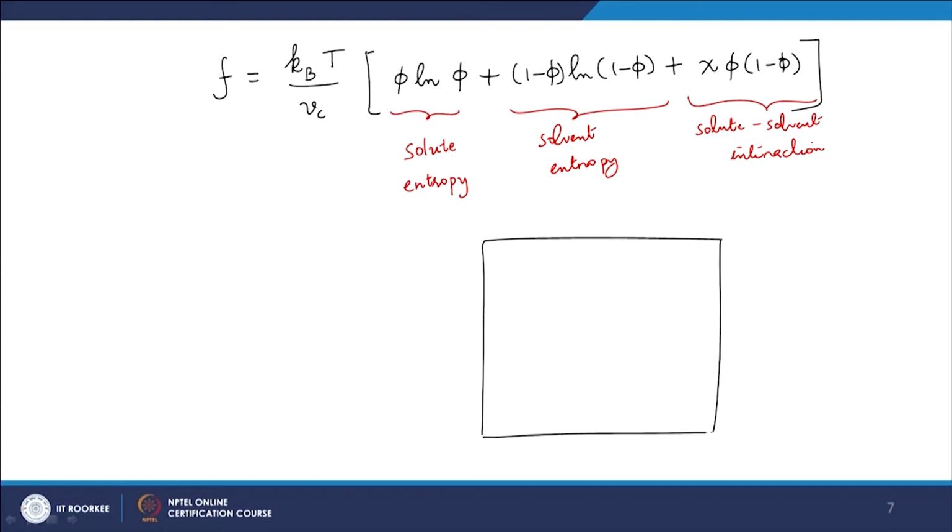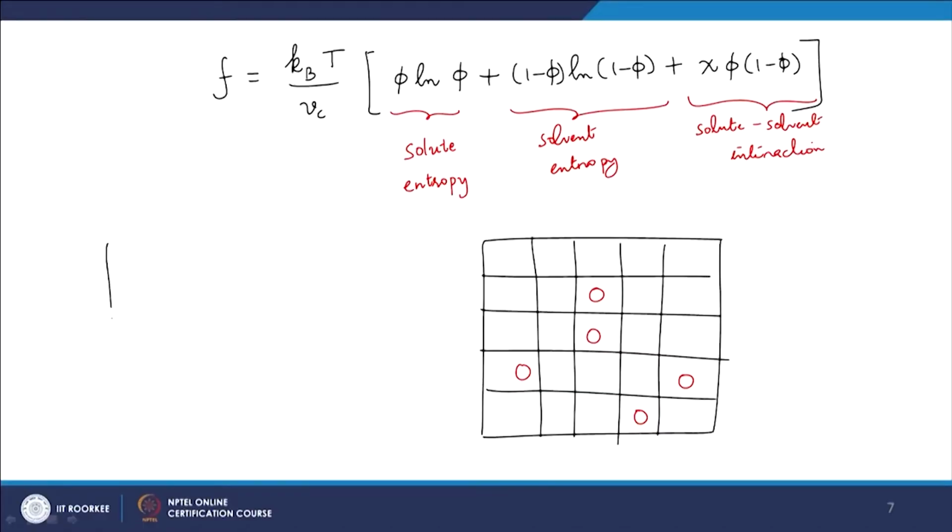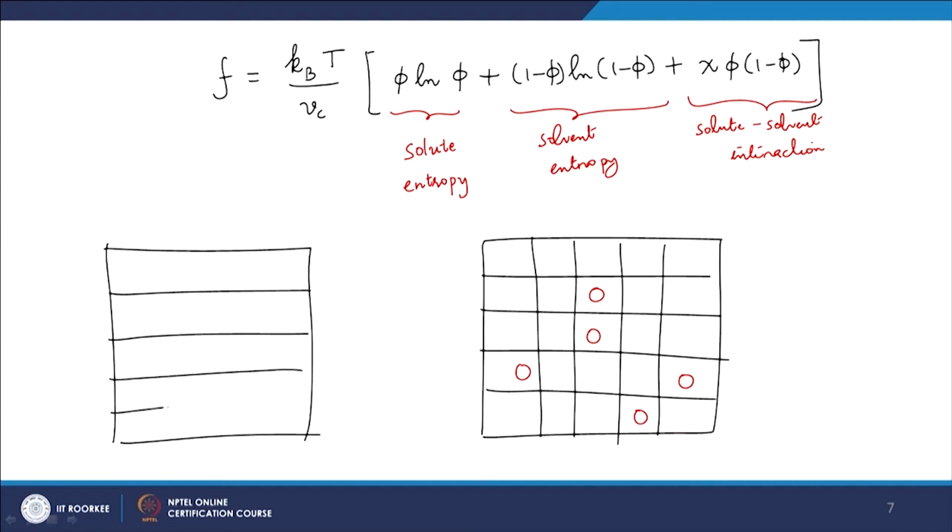Okay. So, other way to think about it, and I will build on this representation in the next lecture, is if for example you have solute molecules like these on the lattice and remaining positions are occupied by the solvent molecules, they will have much larger entropy compared to the case when these solute molecules I have drawn rather represent a bead or a segment of a polymer chain.